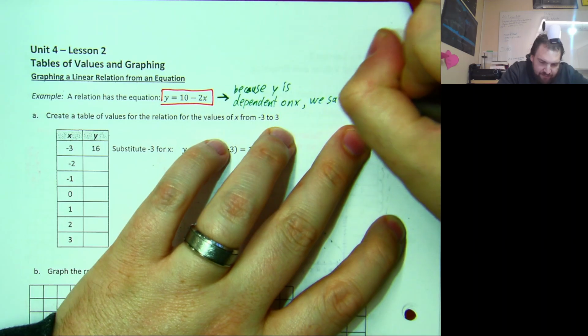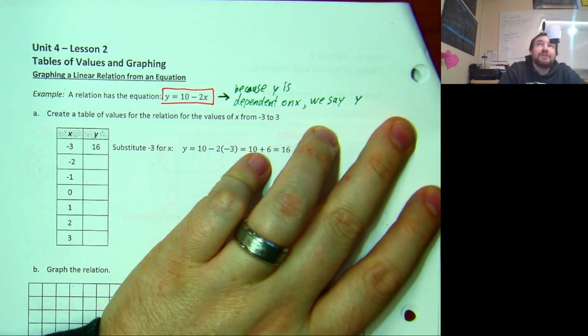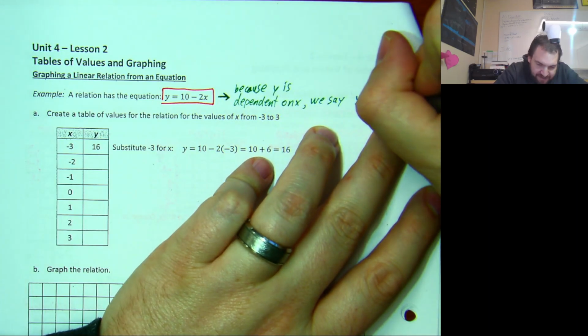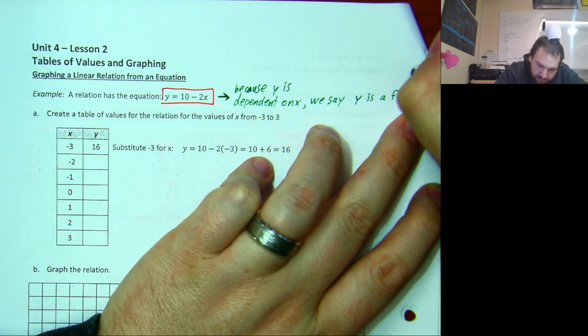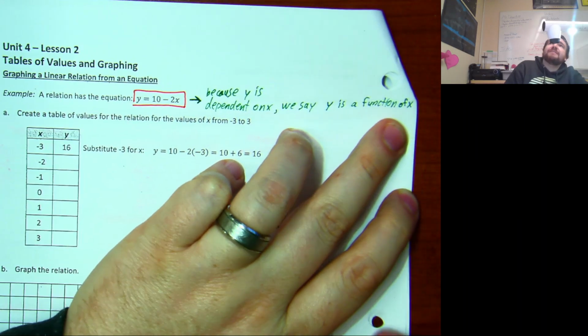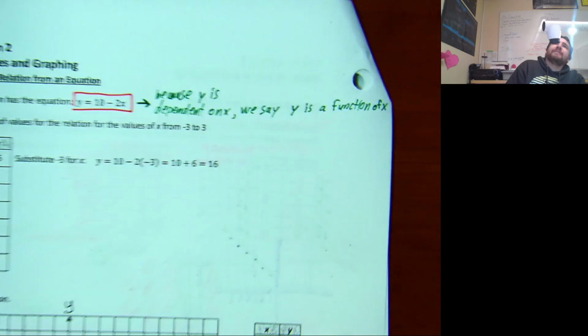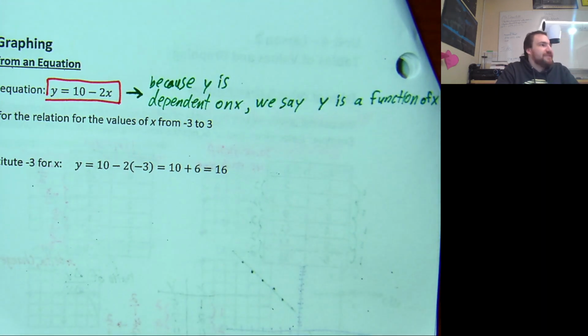The language we use to represent this is that we say y is a function of x.